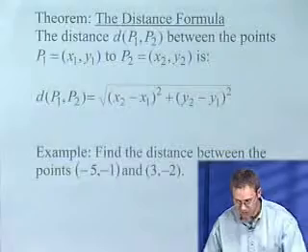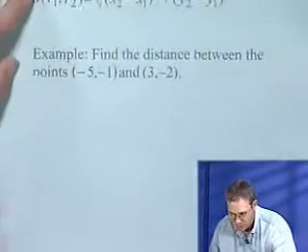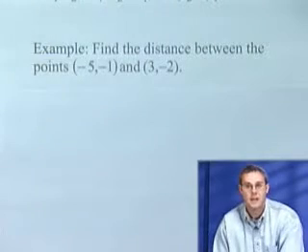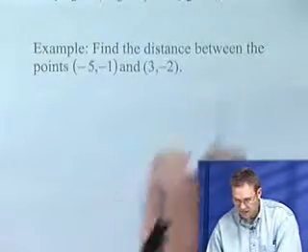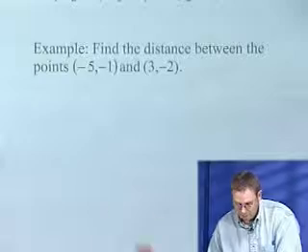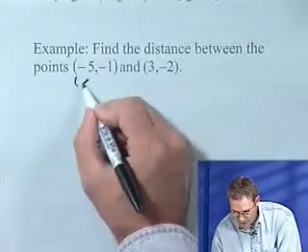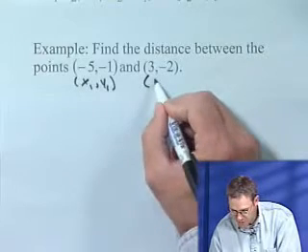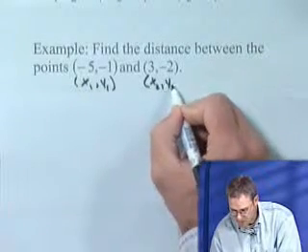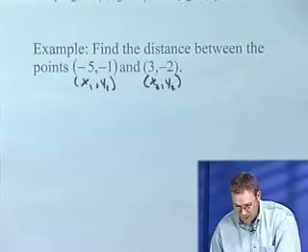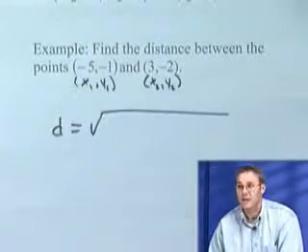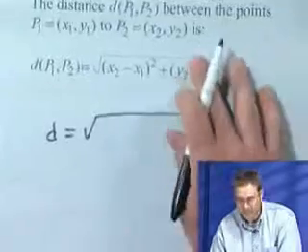So let's go ahead and do this little example. Find the distance between these 2 points. Okay. You can go ahead and plot it, give yourself a visual, but we don't need to. I'm just going to denote this point as x1, y1. I'll denote this point as x2, y2. So the distance between these 2 points, okay, let's remind ourselves what it is.